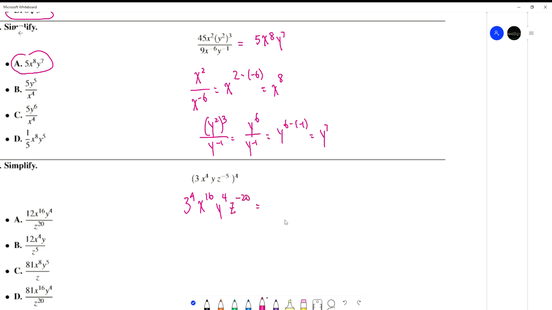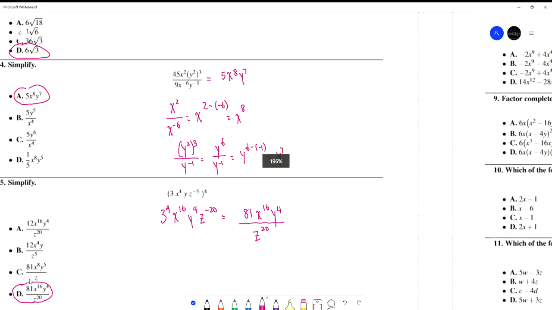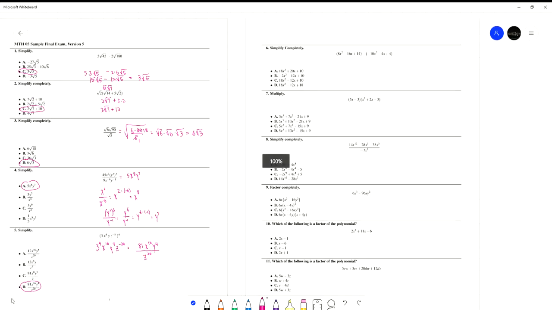We can't have any negative exponents. 3 to the 4th is 81. We have x to the 16, y to the 4th, and then z is in the denominator to the positive 20th. And that is answer D. All right, any questions with that? Okay, moving on.